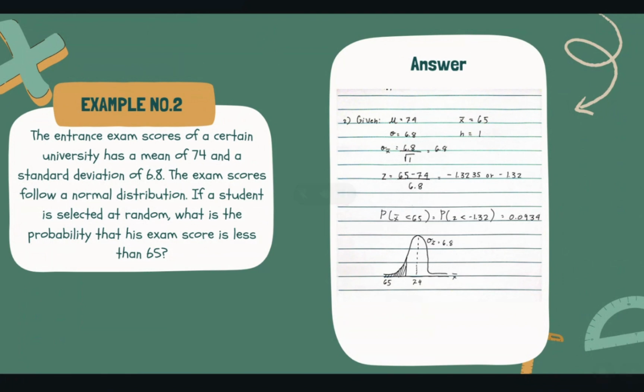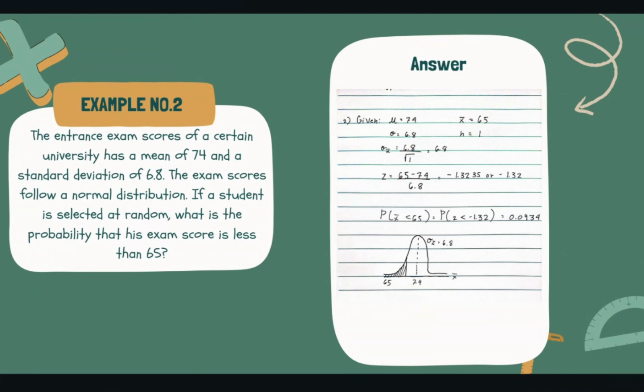First we write the givens. Our mean is 74, our standard deviation is 6.8, our x bar is 65, and because the student is selected at random, our sample size n is equal to 1.